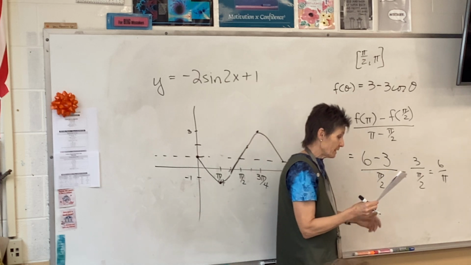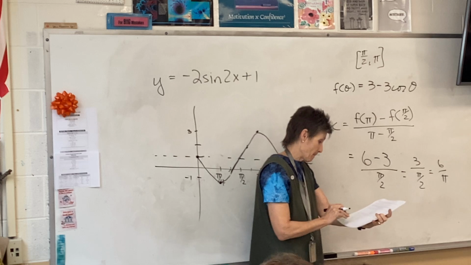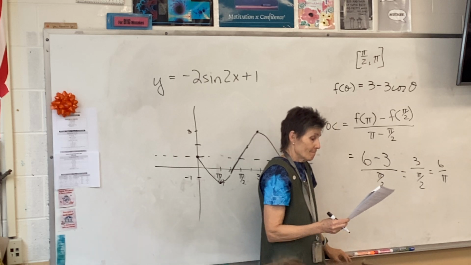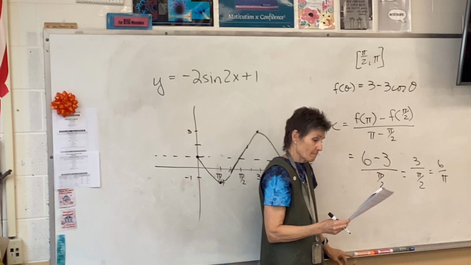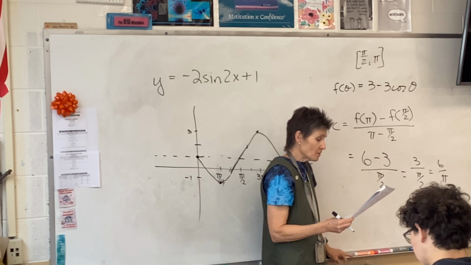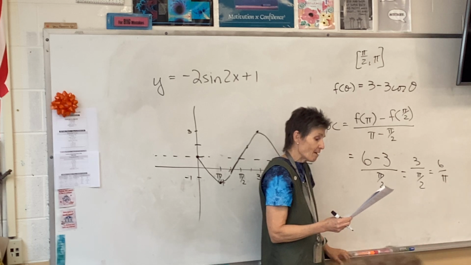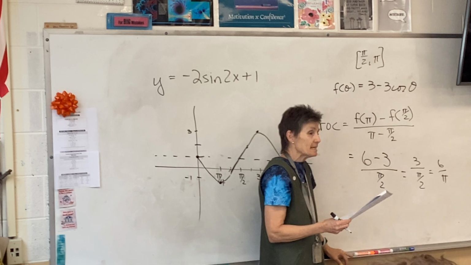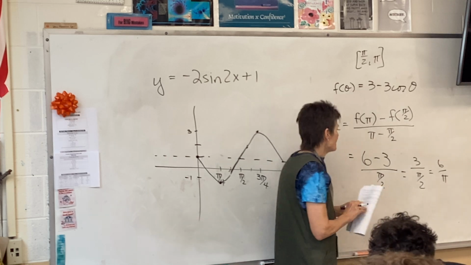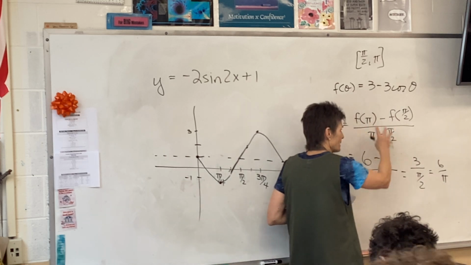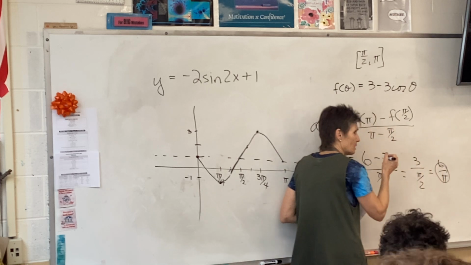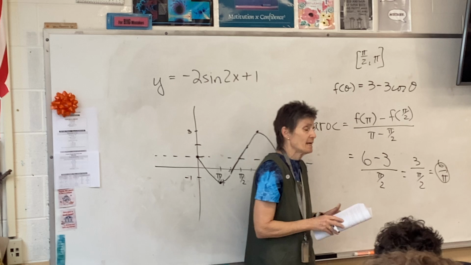All right, let's look at example 6. On which of the following intervals is the average rate of change equal to 0? So think about doing this problem right here. If you wanted this to come out to equal 0, what would have had to have been the case?